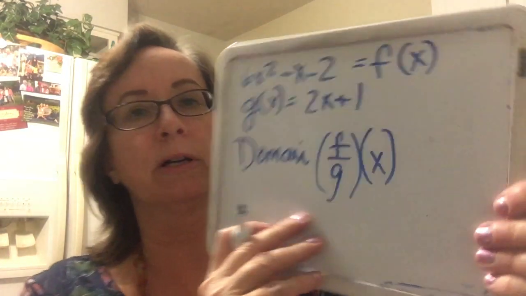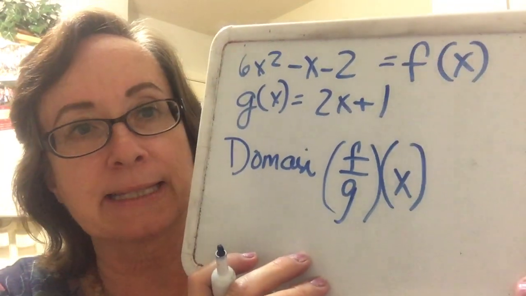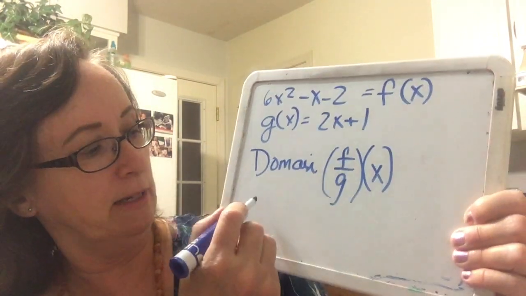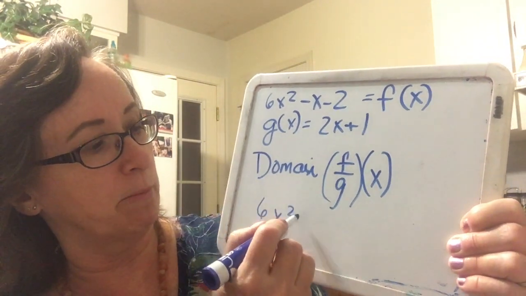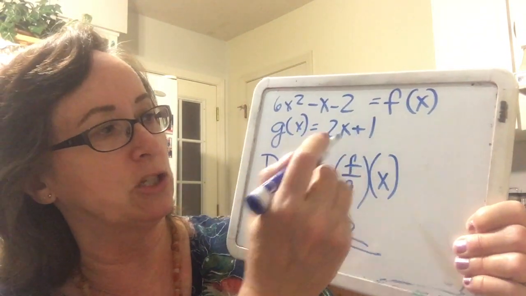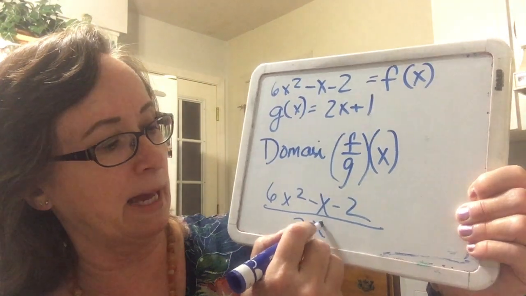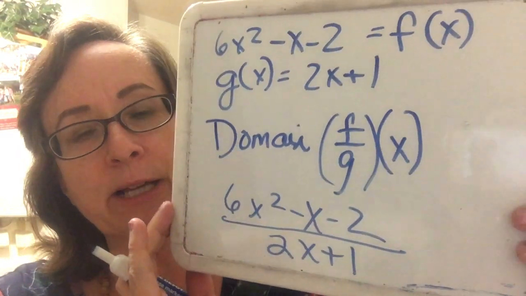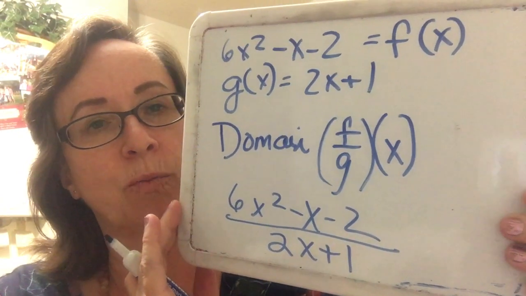Okay, now remember, the domain is what x can be. So if I'm going to take this f function, 6x squared minus x minus 2, and divide it by the g function, which is 2x plus 1, what is going to be a problem with domain?